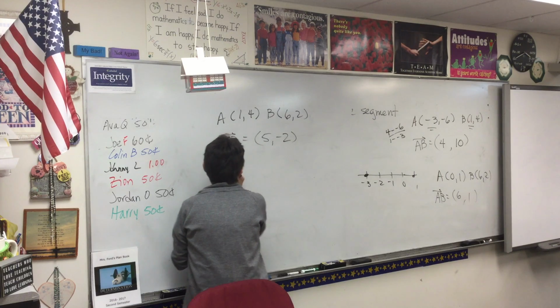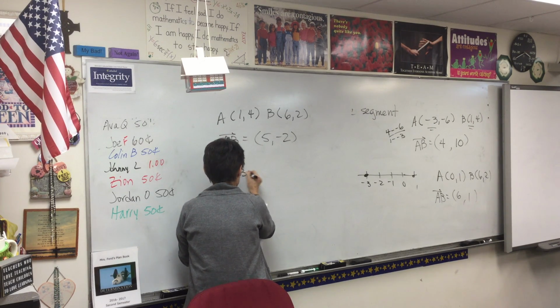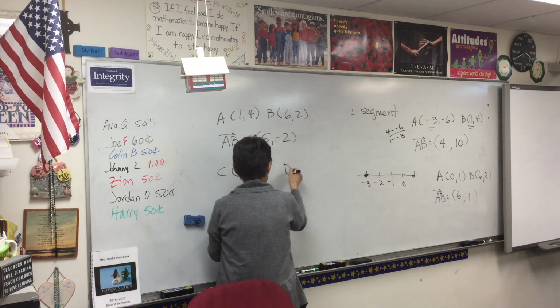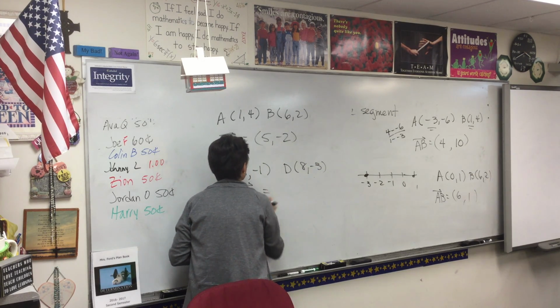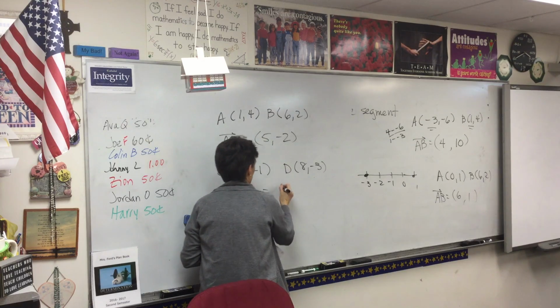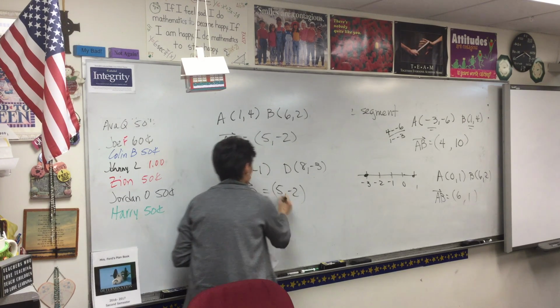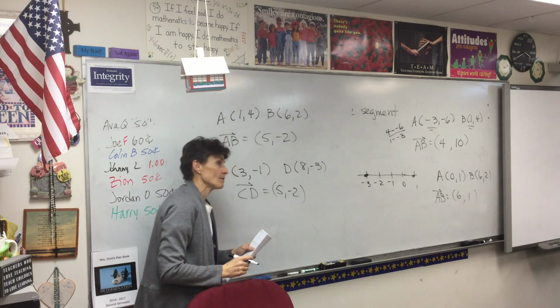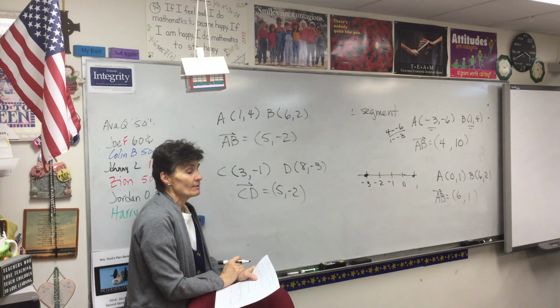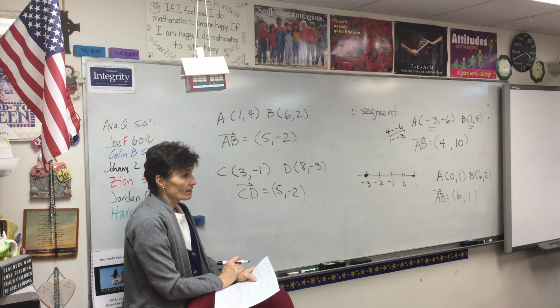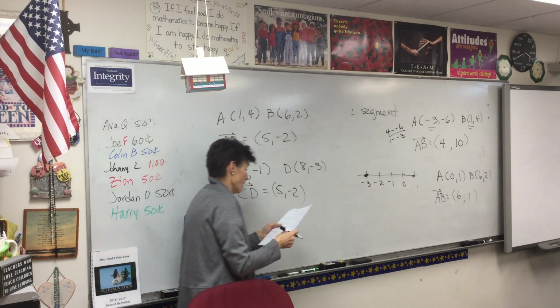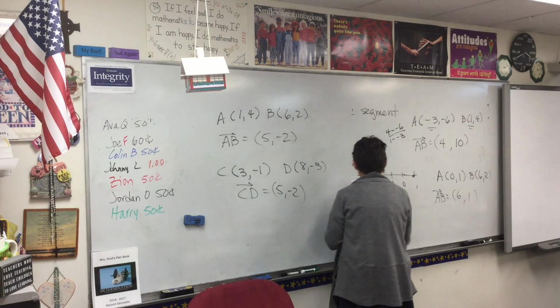Now, do the same thing for CD. So this is still problem 1. What are the coordinates for CD? 5, -2. So the question is, are they equal? Yes. All right, let's try B.